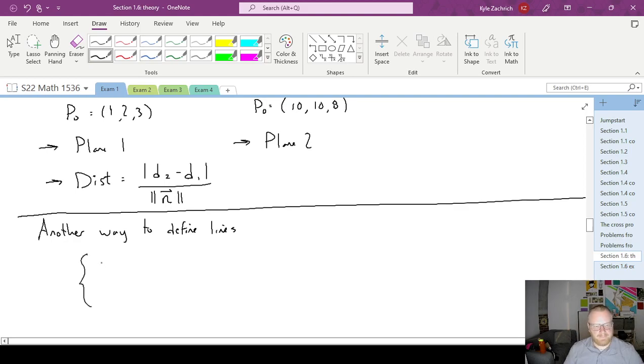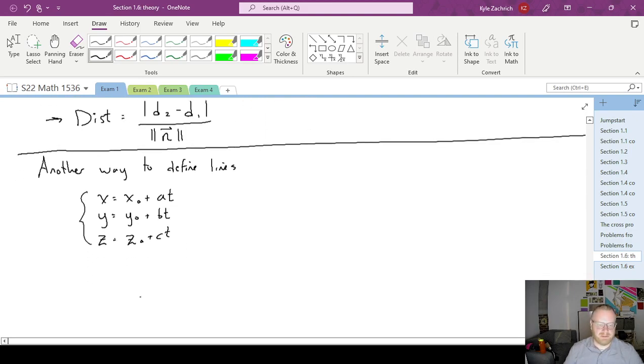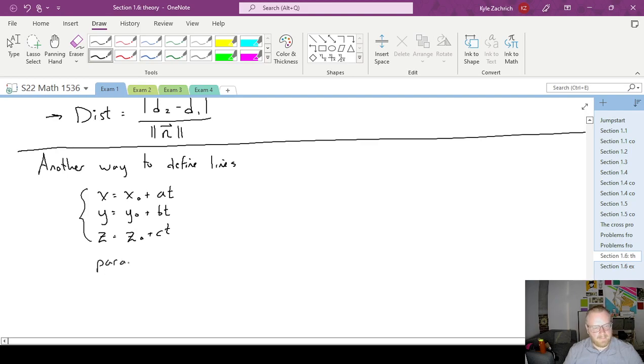We have this form, x equals x naught plus at, y equals y naught plus bt, z equals z naught plus ct. That's the way I want you to think of them. This is called the parametric form. Yeah, that's my preferred form.